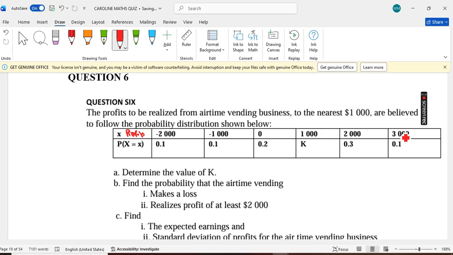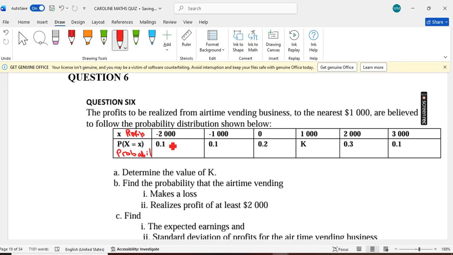So across the top, X is our profits, okay? Then below, our probabilities. There are our probabilities below.